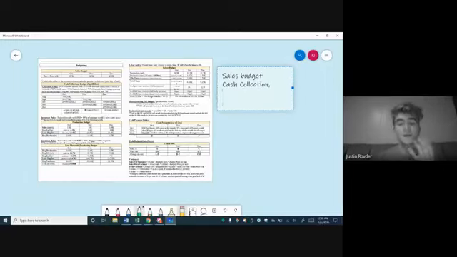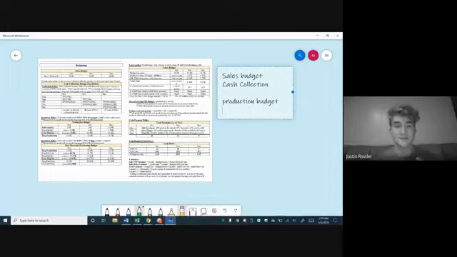And then we get to the expense budgets. So we want to figure out, if we're making this much revenue each month, and we're collecting this much cash each month, how much are we spending each month? To do that, we first need to find a production budget. So how many items do we need to actually make each month to fulfill these sales? And then based off of the production budget, we're going to figure out a raw materials budget, so I'm just going to say DM budget.